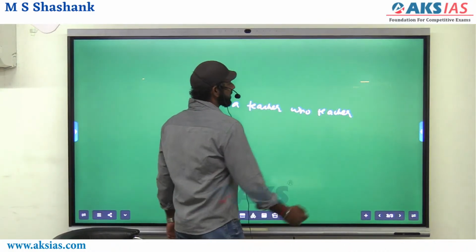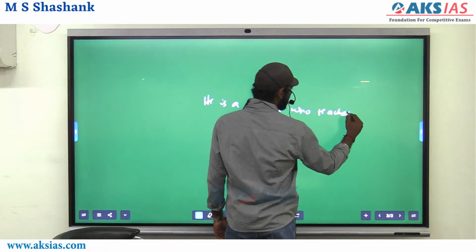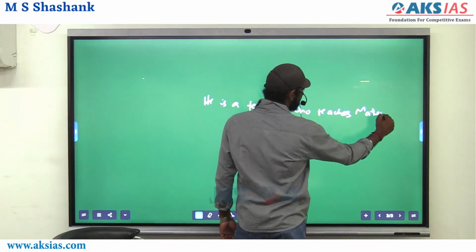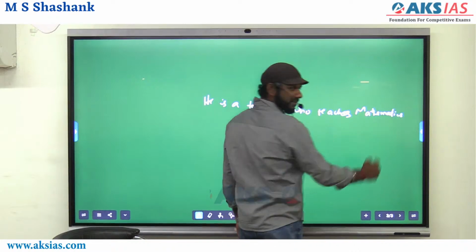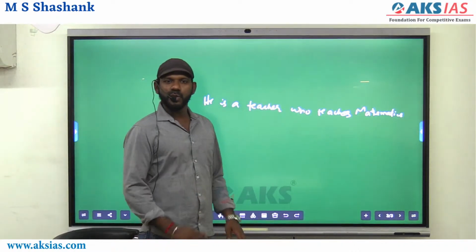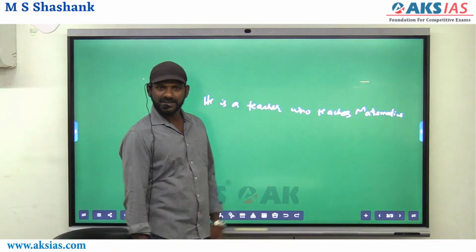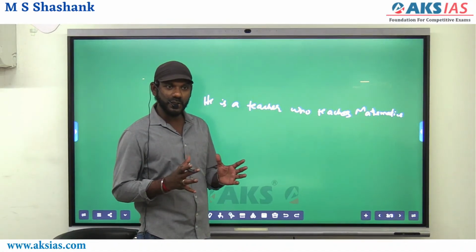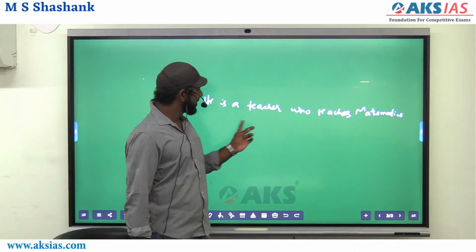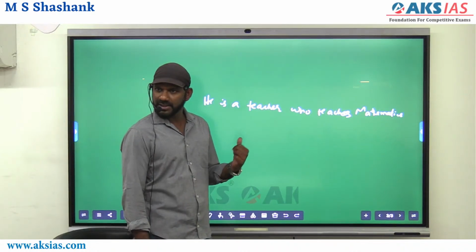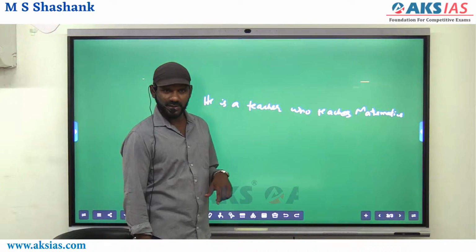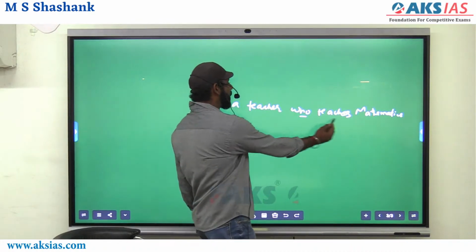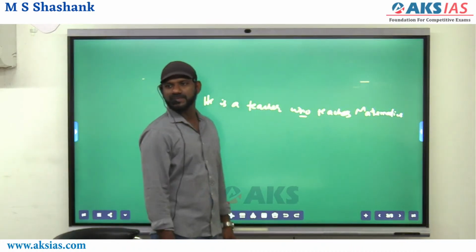He is a teacher who teaches mathematics. There is no reason and result relation here, right? In the case of reason and result, the two ideas must appear close to each other, right? In this sentence, do we have any reason and result relationship? No reason and result relationship, right? I told you yesterday about who. Who is what kind of pronoun?